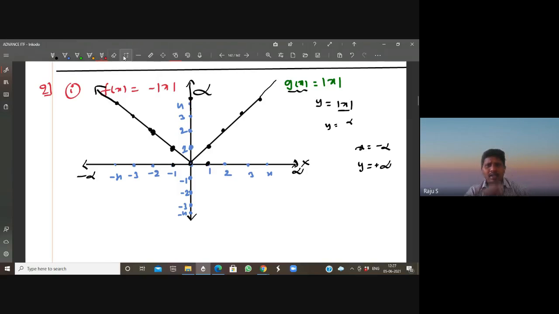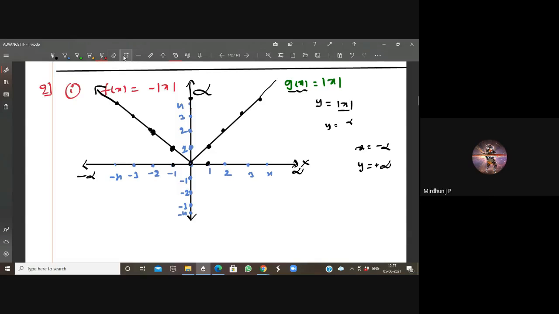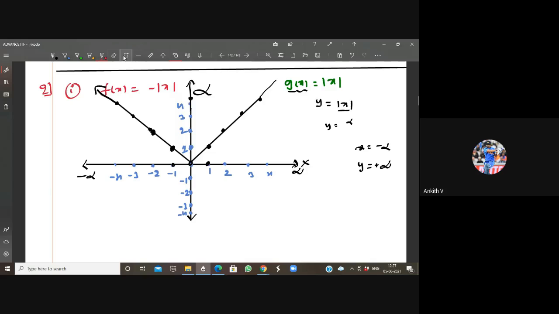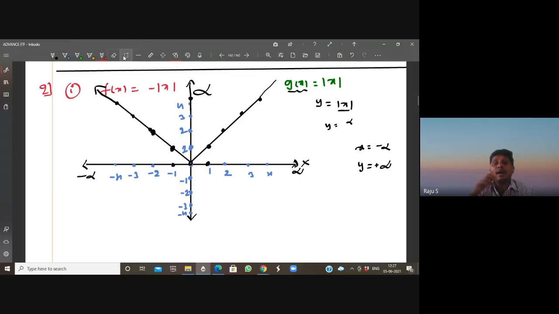Now here, the modulus x graph exists from where to where? First tell me the domain. What is the domain of this modulus function? What are the values it is taking? Sir, negative infinity and positive.